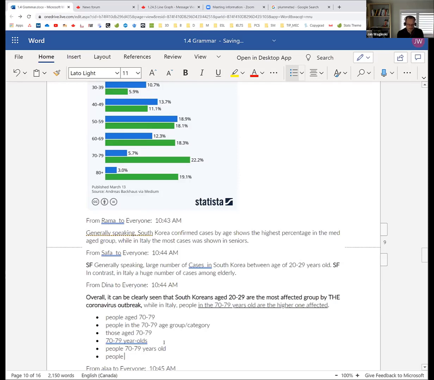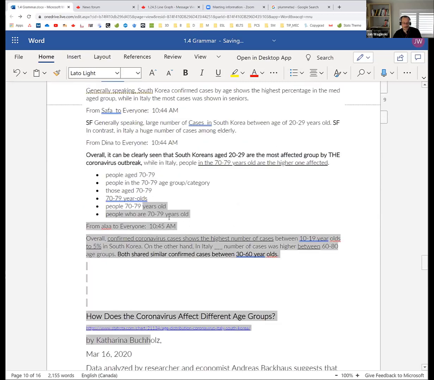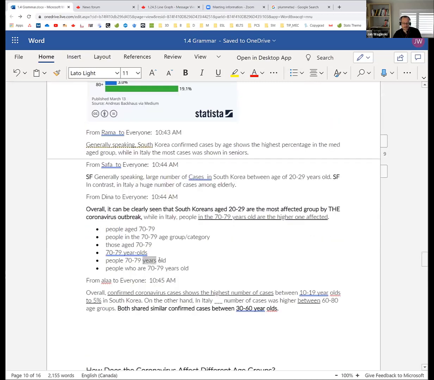People who are 70 to 79 years old. So how come this one says years old and this one says year olds?